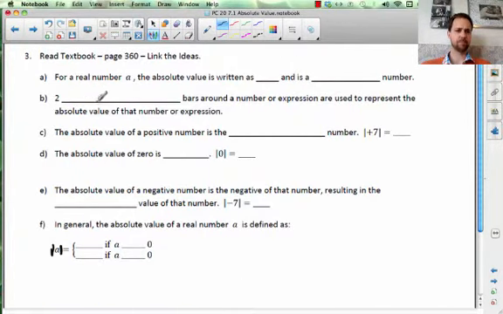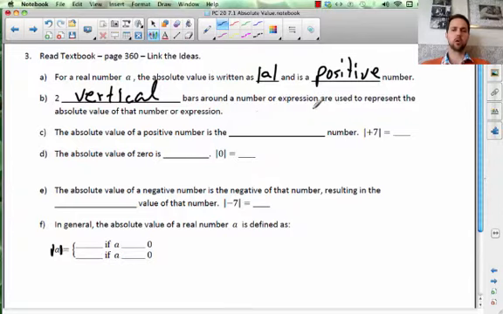Alright, so this one. For real number a, the absolute value is written as that. An a with vertical hashes around it. And it's always a positive number. 2 vertical bars around a number or expression are used to represent the absolute value of that number or expression, which again represents basically the distance, which is always positive.